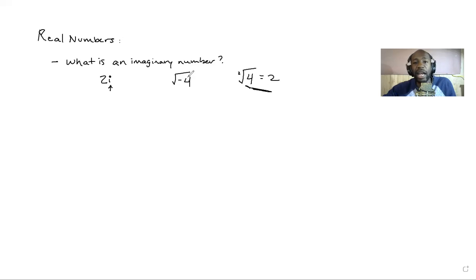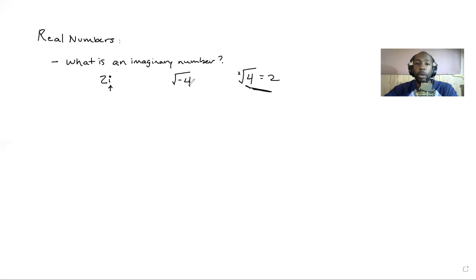But I can't multiply anything times itself to get a negative number. You can multiply 2 times -2, but neither of those, 2 and -2, is the square root of this number, because to be a true square root, you have to be able to multiply a number times itself and get the number that's underneath that square root bracket. You see what I'm saying?